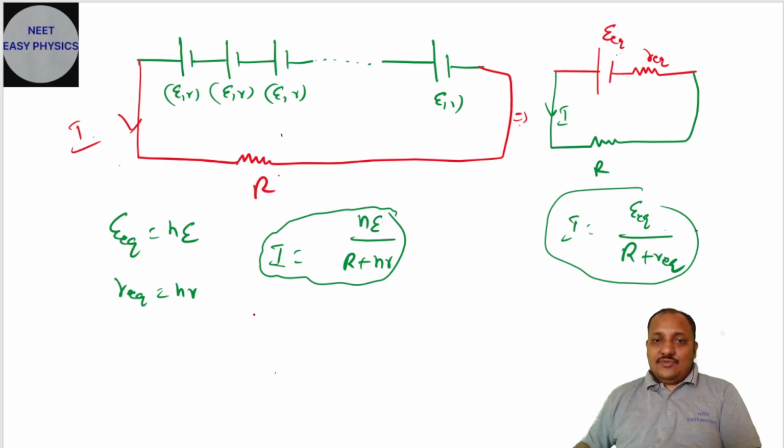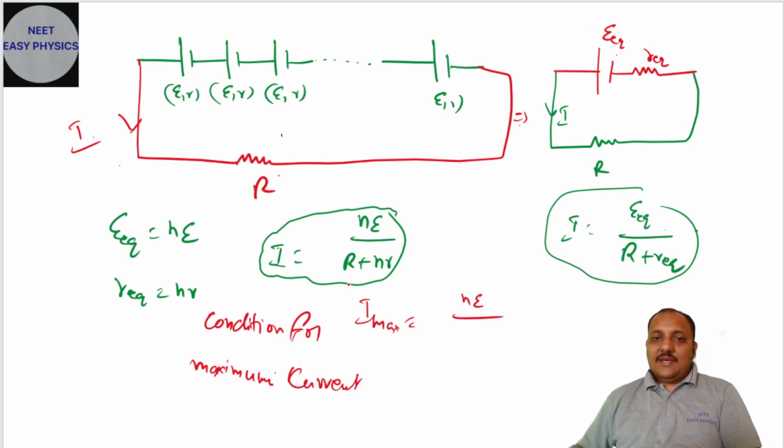Now, I told you the condition for maximum current. If current is to be maximum, NE by the denominator, whichever you have, you have to equate. Therefore, capital R equals Nr. This is the condition for maximum current.